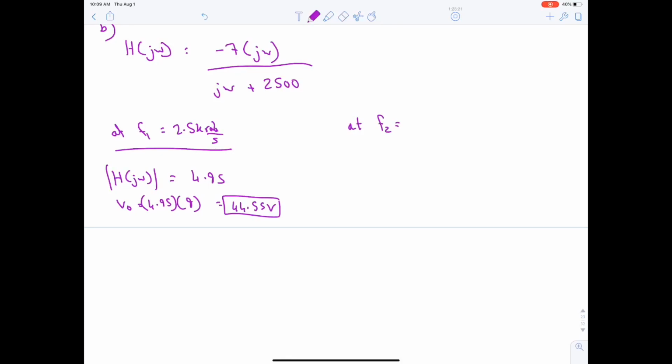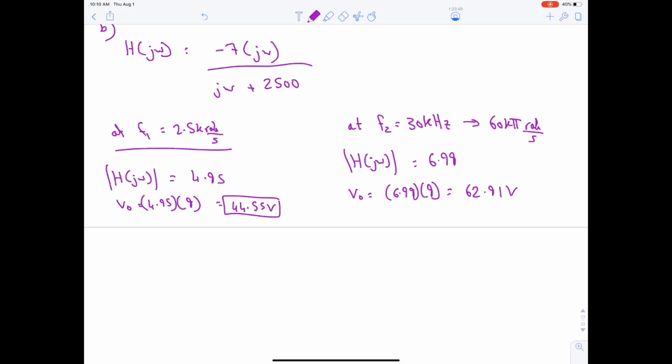For the second one, now it's 30 kilohertz, but you have to convert it to 2 pi F, so it will be 60 kilo pi rad per second. Anyway, the magnitude will be 6.99, multiplying this with 9 will give us 62.91 volt.